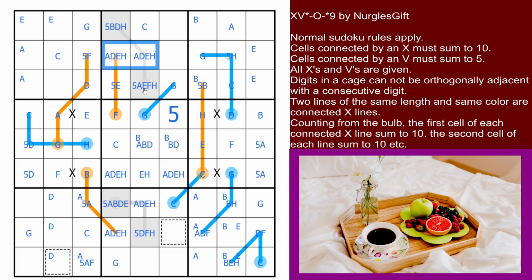Where is F here? F is somewhere here, right? Not much helping. If that's B, that's F. That could be 5 also.